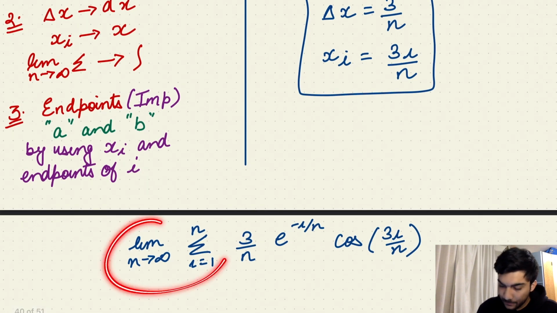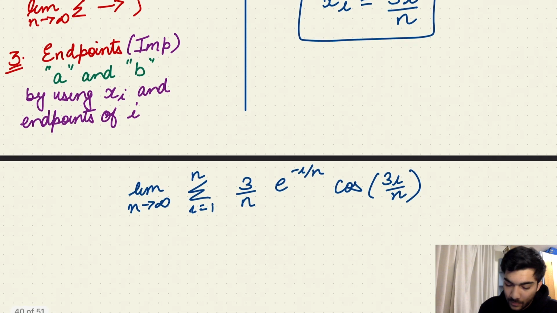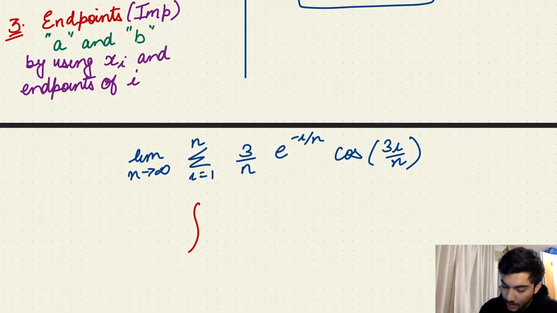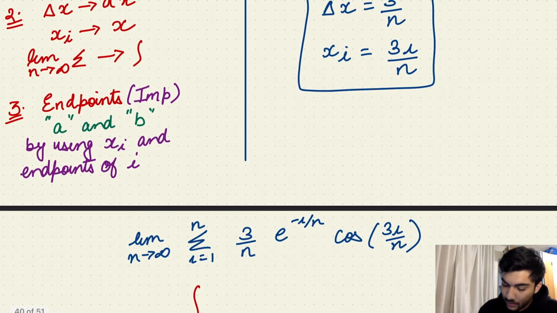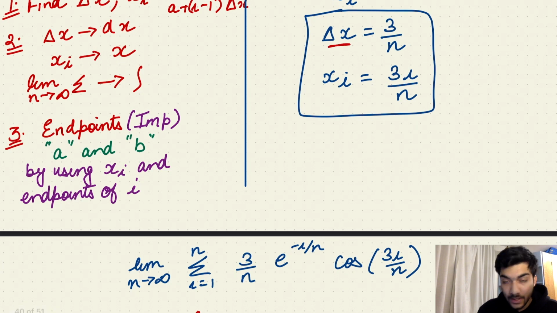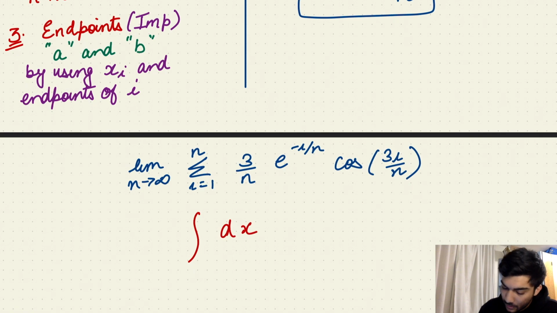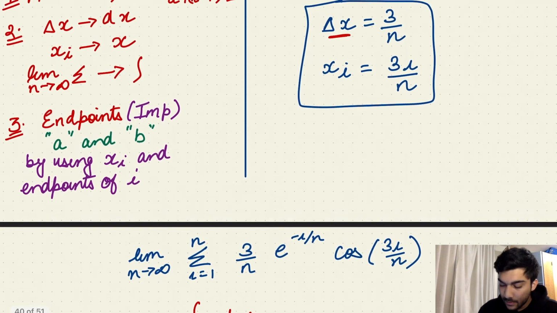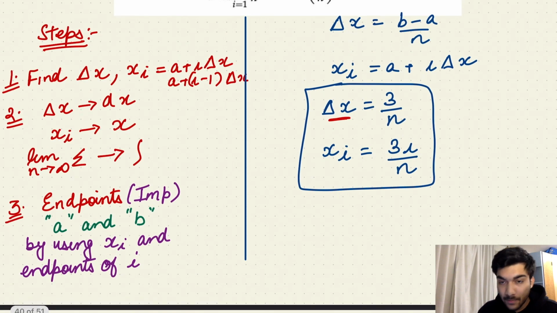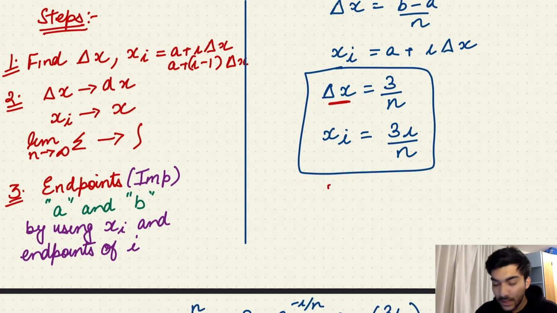So this will be changed to the integral sign. 3 by n will be changed to dx in this case because it's delta x. So my 3 by n becomes dx, e to the power minus i by n. So as I see that my 3i by n should be changed to x, I can easily divide both sides by 3.